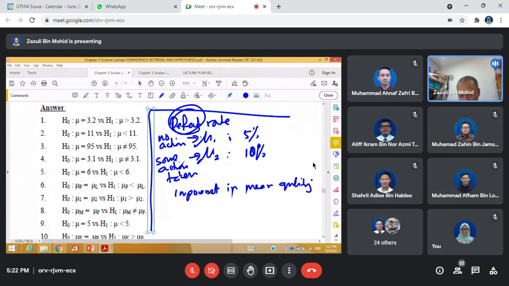Jadi kalau macam tu, katakanlah tadi mean quality ni kita refer sebagai Q1 and mean Q2. So alternative hypothesis, mu Q1, we have a mu Q2. So what is the symbol here?